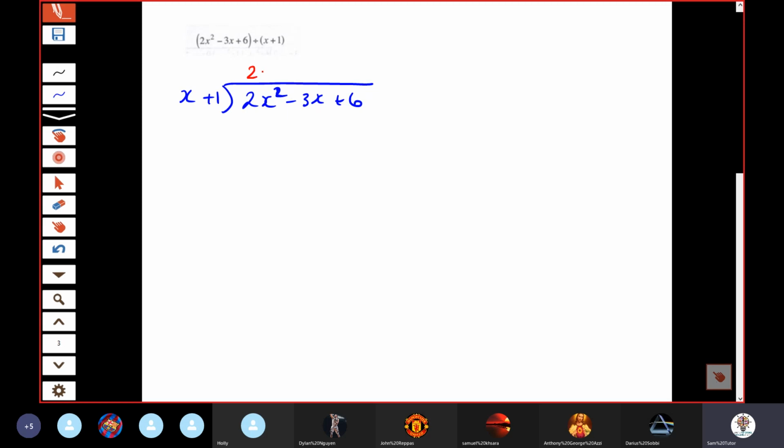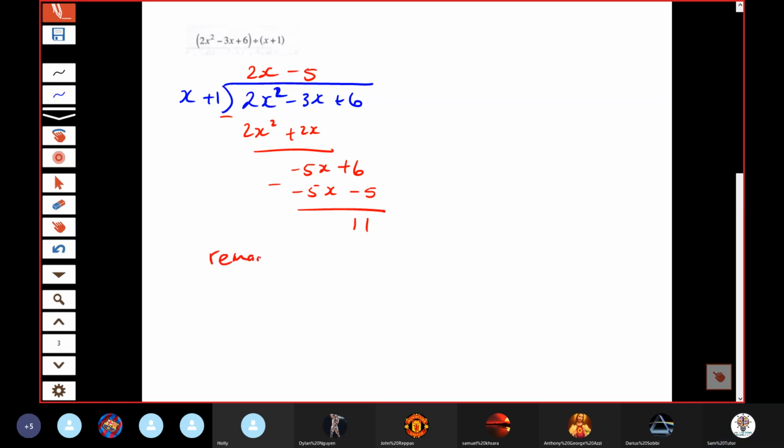X into 2x squared, multiply, subtract, minus 3 minus 2 minus 5, 6 minus 5 is 11. Okay, what's the remainder? Obviously, the remainder is 11. Right? The remainder is 11.